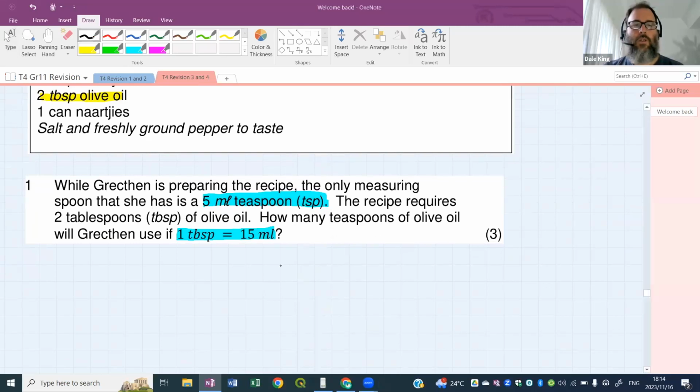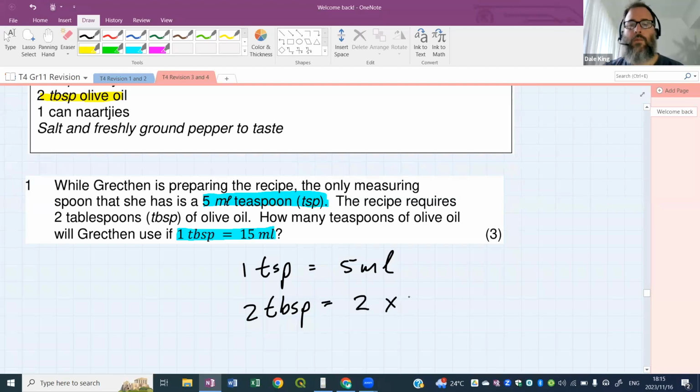So we know that 1 teaspoon is 5 milliliters, but we have 2 tablespoons. And we know that 1 tablespoon, like it says there, is 15 milliliters. So this is going to give us 2 times 15 milliliters.